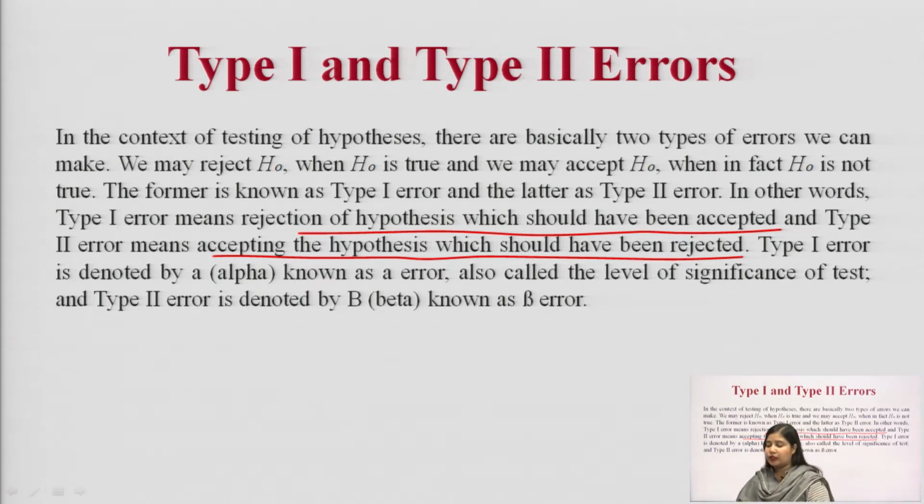In the type 1 error, we reject the hypothesis which is correct, which we have to accept. And in the type 2 error, we are accepting the hypothesis which should be rejected, means which is a false hypothesis. The type 1 error is basically denoted as alpha error, and the type 2 is known as beta error.